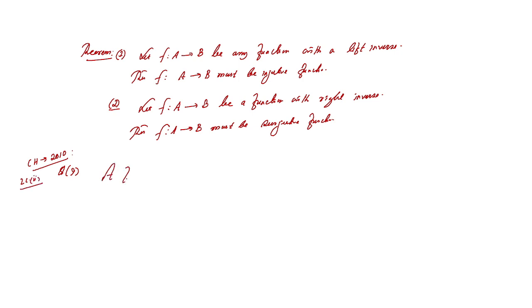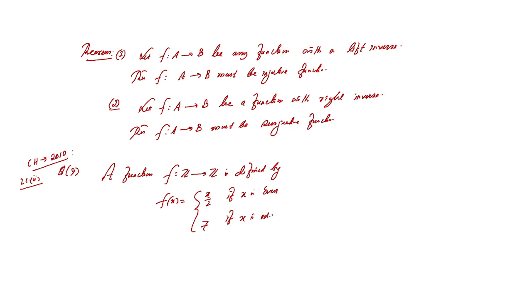A function f from Z to Z is defined by f of x equals x by 2 if x is even, and 7 if x is odd, an integer.